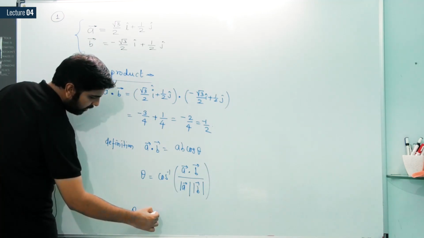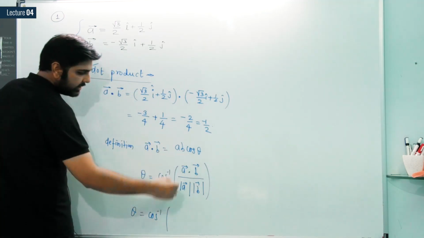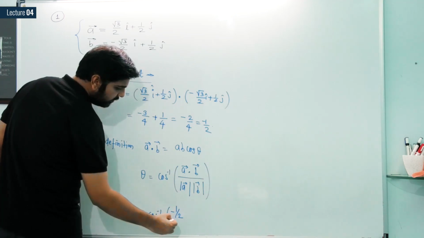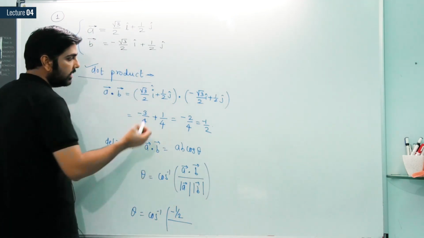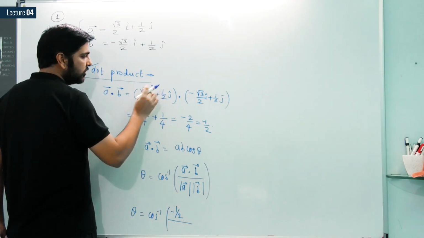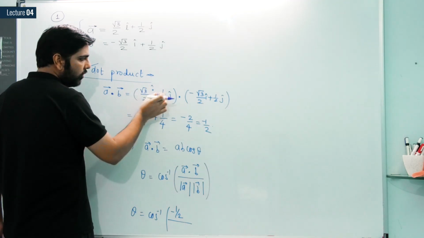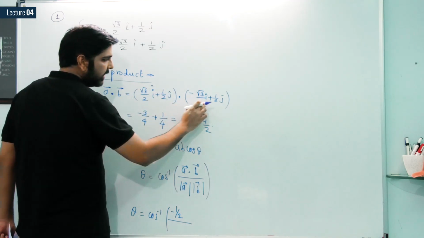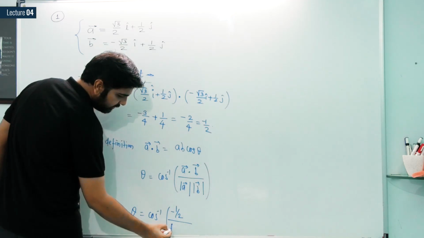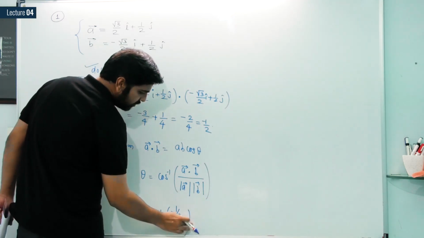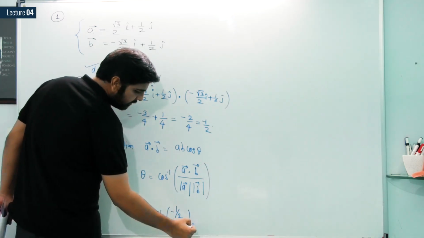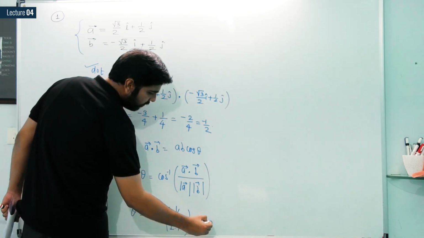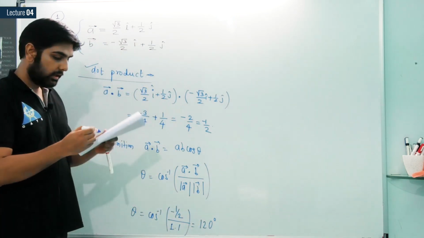So it is cos inverse of minus 1 by 2 divided by the mod value. This is 3 by 4 plus 1 by 4, that is 4 by 4, so the mod value is 1 and 1. So cos inverse of minus 1 by 2 is 120 degrees, right?